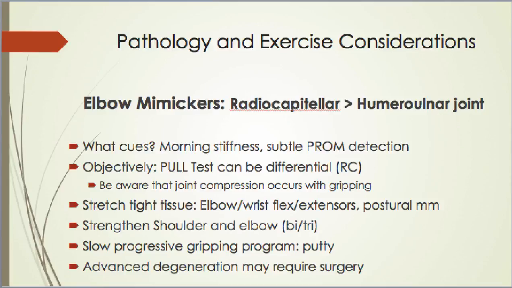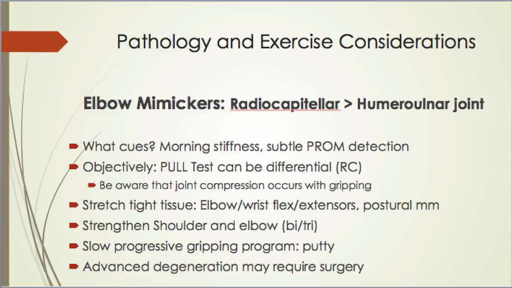So what clues might we hear about that? Morning stiffness, subtle passive range of motion detection as far as an end feel difference. We've talked about that before. You've seen my wrist, how one goes better than the other. Objectively, we can use a pull test. I'll show it to you in class if you want to see it.